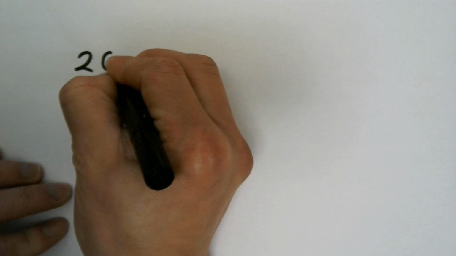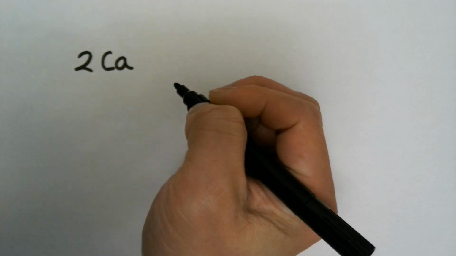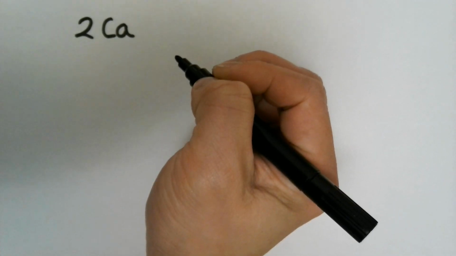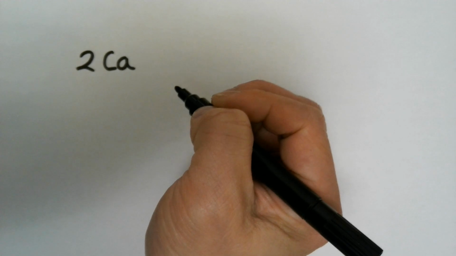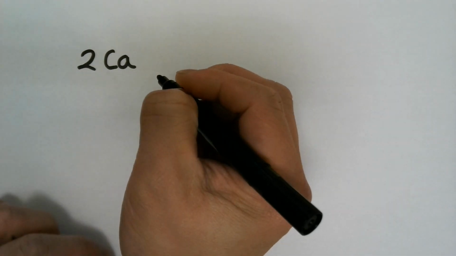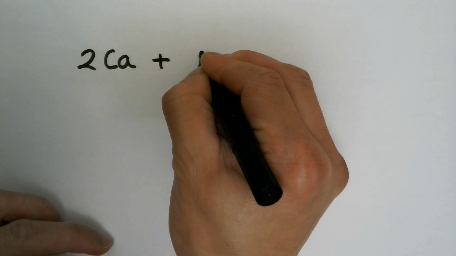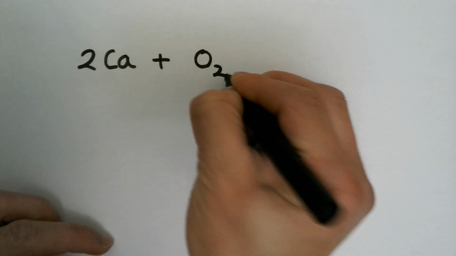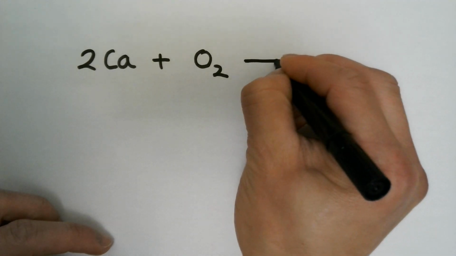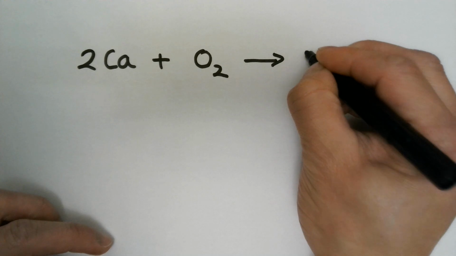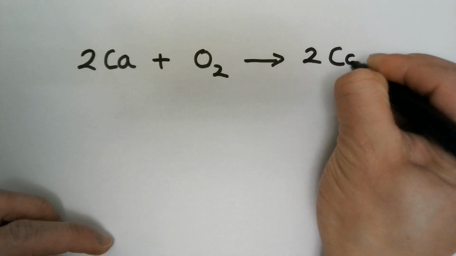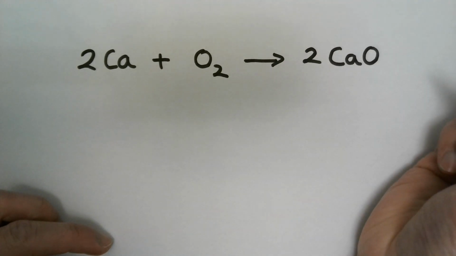So the reaction that we're going to look at is calcium reacting with oxygen, which produces calcium oxide.